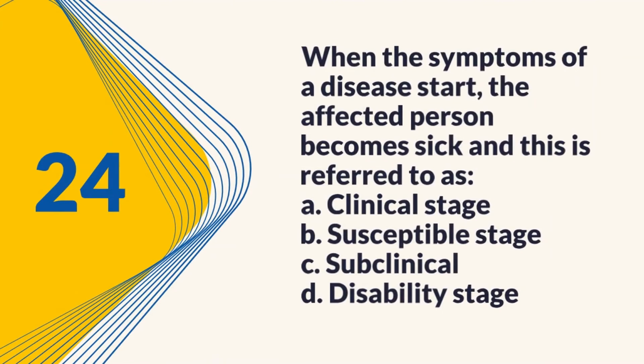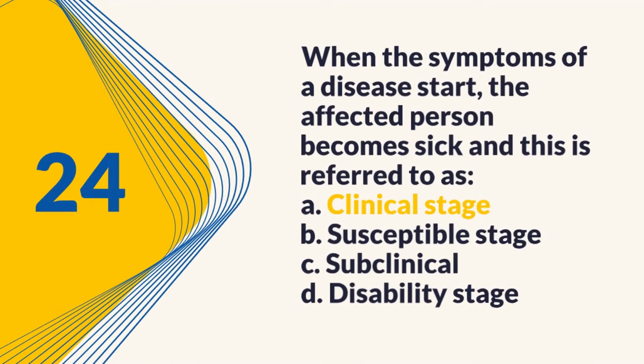24. When the symptoms of a disease start, the affected person becomes sick, and this is referred to as A. Clinical stage, B. Susceptible stage, C. Subclinical, D. Disability stage. Answer is A. Clinical stage.